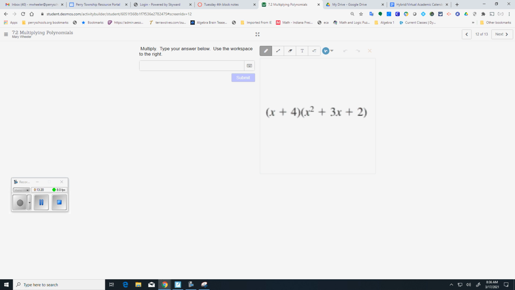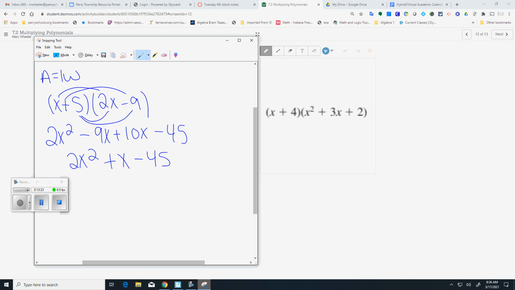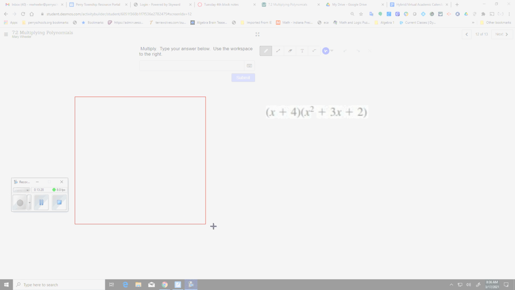And now we're going to multiply a binomial times a trinomial. And I think I'm going to use the box method for this one.